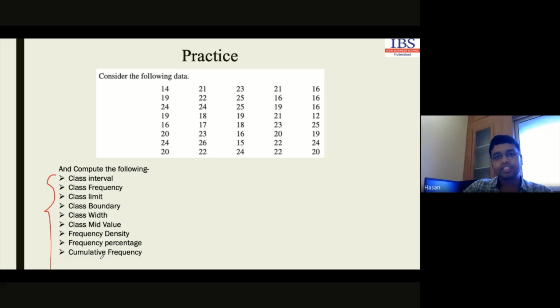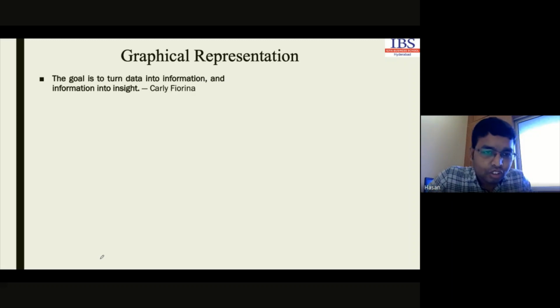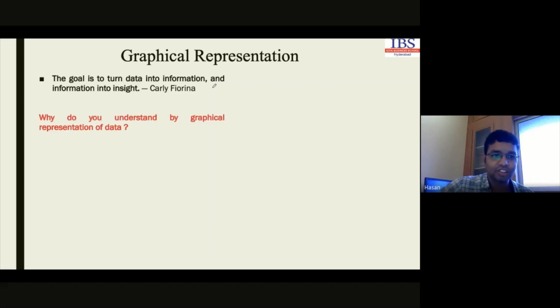Now the next topic is data representation using graphs. There is a common quote: the goal is to turn data into information and information into insights. That means with visual identification, we can say anything. So here is a question for you.